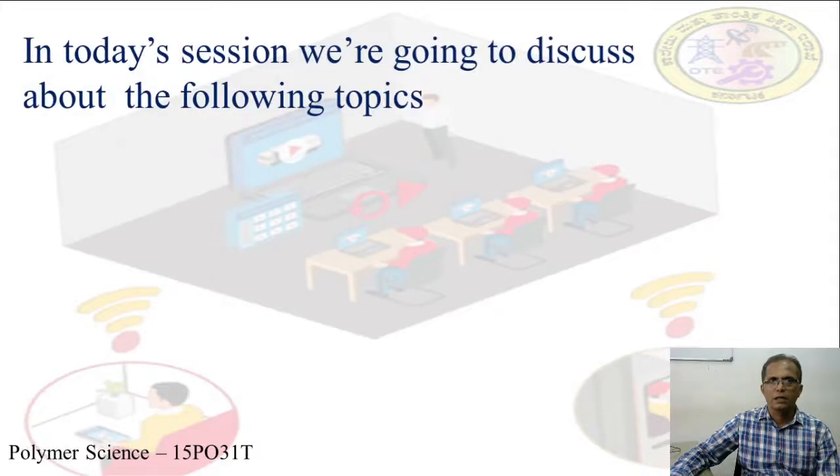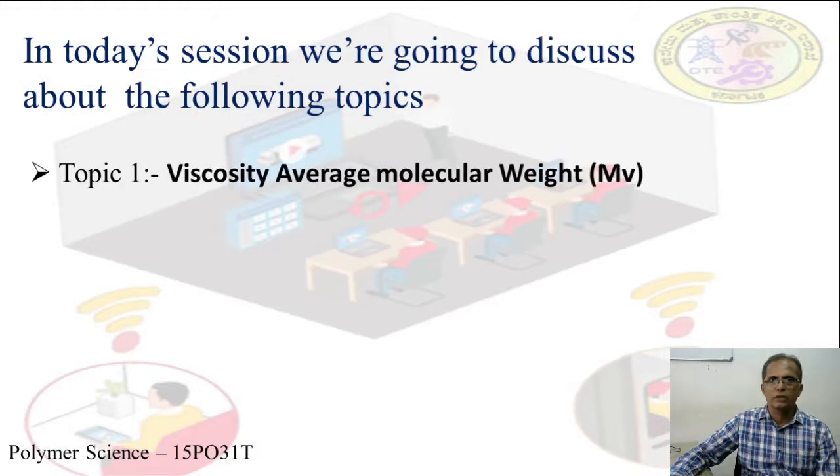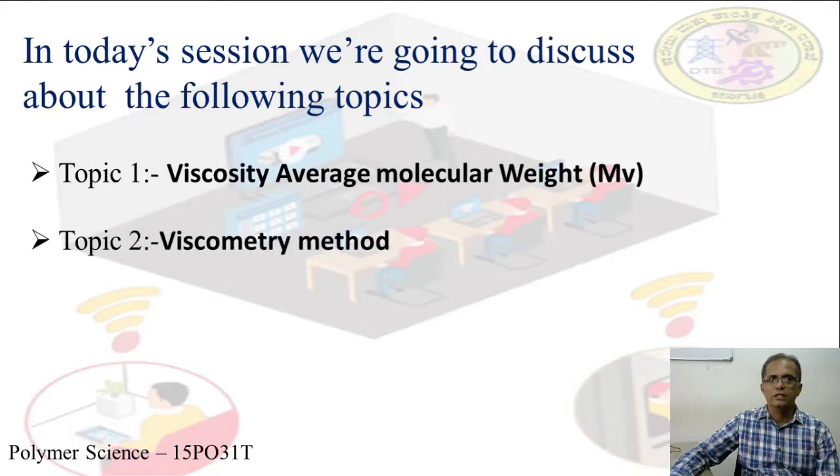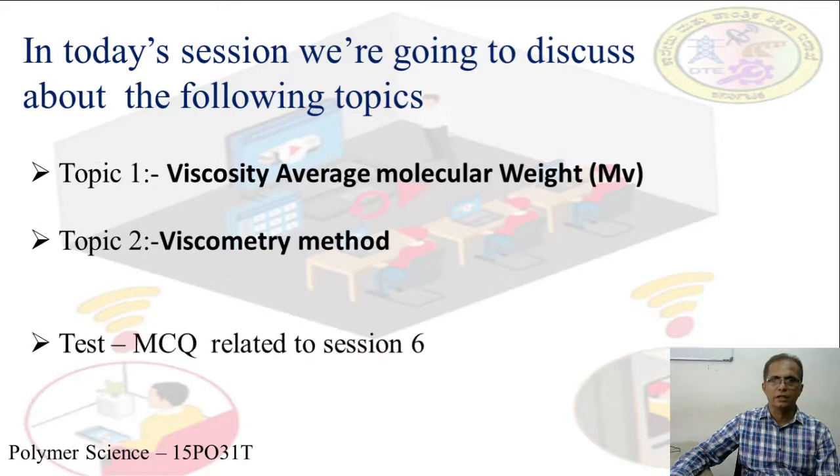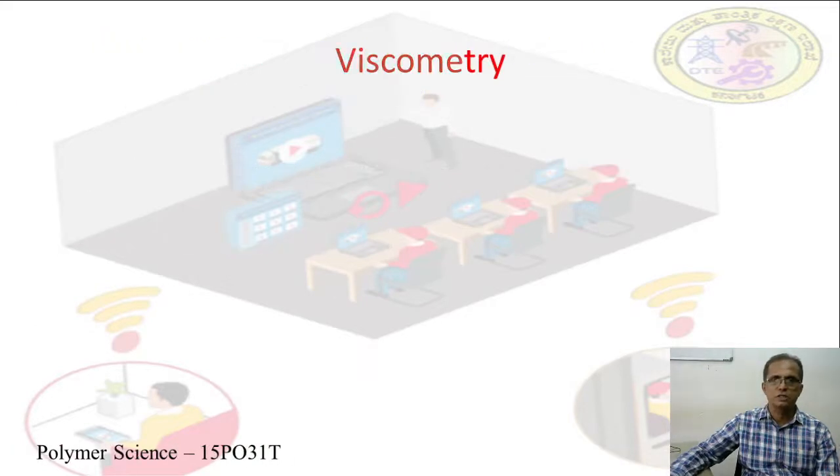In today's session, we are going to discuss viscosity average molecular weight and its determination by viscometry method, and at the end of the session there will be multiple choice questions of this topic.